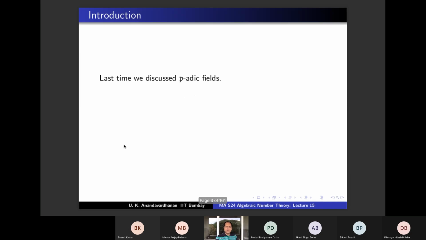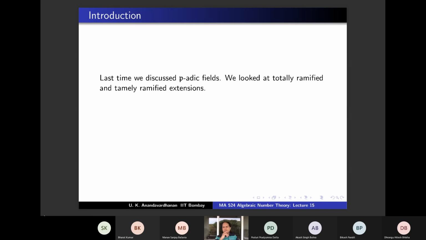So last time we discussed the p-adic fields, and in the class before the last class we did unramified extensions in some detail. Last time we looked at totally ramified extensions and tamely ramified extensions, and then we saw two nice applications of Krasner's lemma. One came in characterizing tamely ramified extensions.